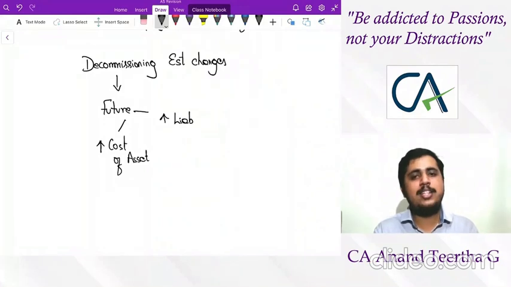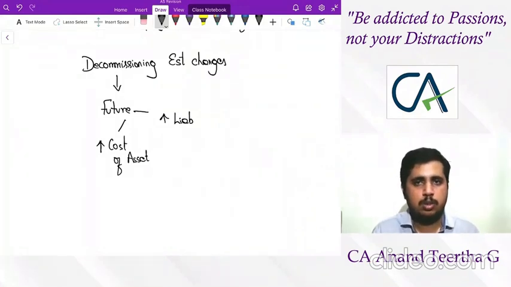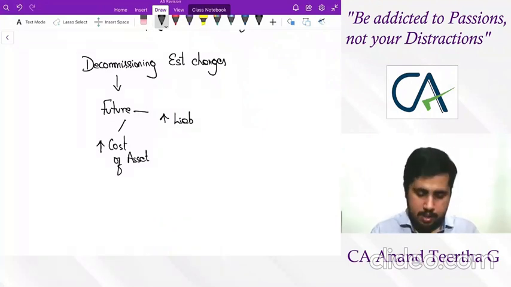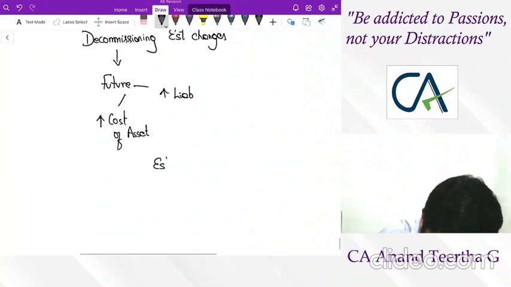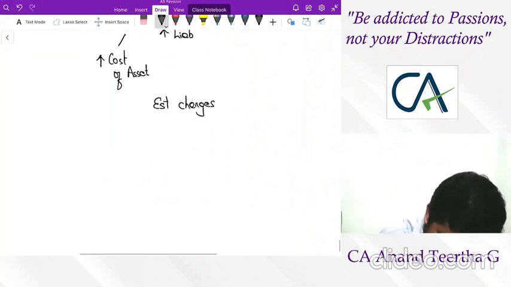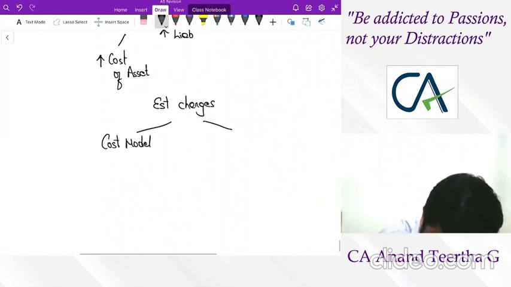You have to make the changes to asset also. So what should be done then? Whenever the estimation changes happen, it depends upon whether you follow cost model or you follow revaluation model.